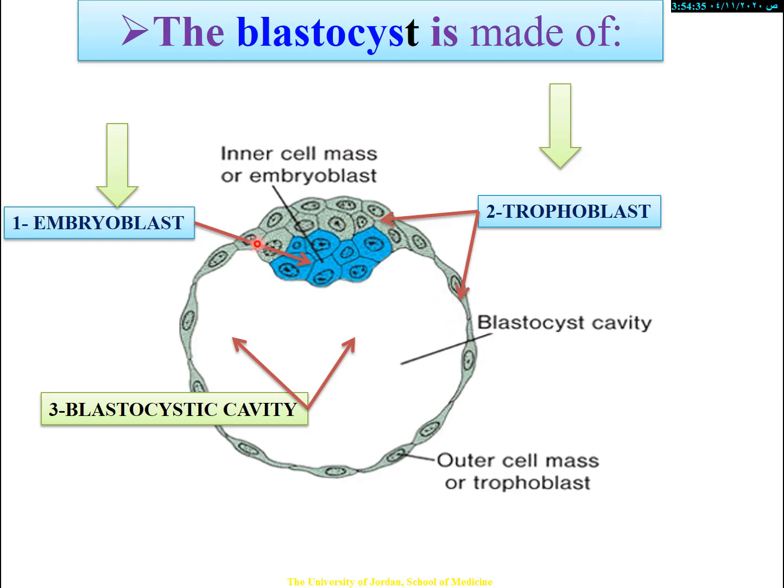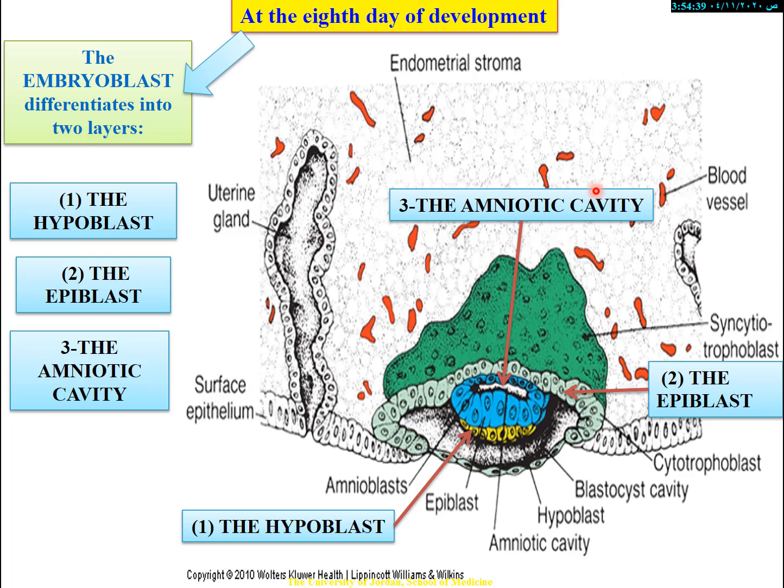And the trophoblast, let's go back to the trophoblast. This is the trophoblast, also differentiating into two distinct cells. Those here are the cytotrophoblast, and here are the syncytiotrophoblast. Now, from now on, I shall break it to you: these cells are unique cells. They have no clear boundaries between them.